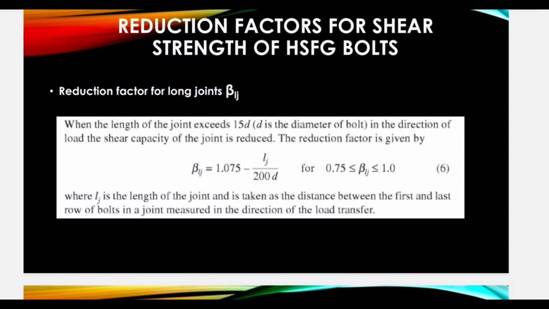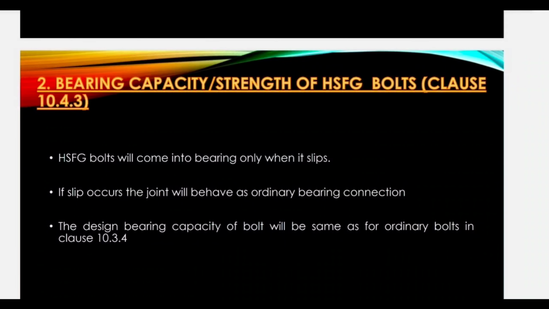When the length of the joint exceeds some diameter under load, the shear capacity is reduced. The length of the joint is taken as the distance between the first and last row of the bolts, and there is also the bearing capacity of the bolt.